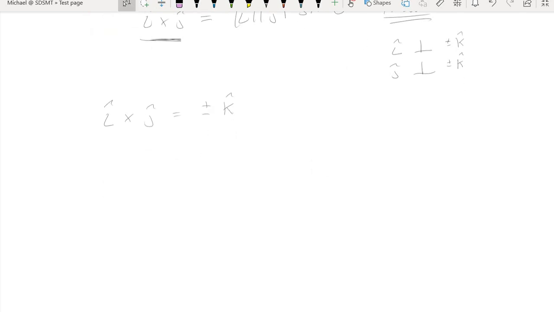Here's how we know. If you can follow the alphabet, then you will know what the sign notation on your cross product evaluation needs to be. For our cross product multiplication, we only have 3 letters to consider, I, J, and K. And I, J, K, that is alphabetical in the ordering.